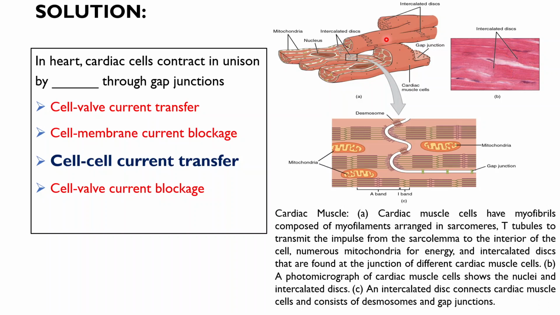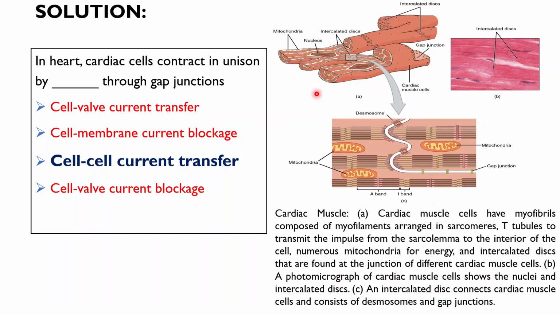So what these gap junctions do is that they enable the quick movement of small ions through the adjacent cardiac muscle cells, and therefore they facilitate the conduction of electric impulse to the heart. So that is the purpose of the gap junctions.